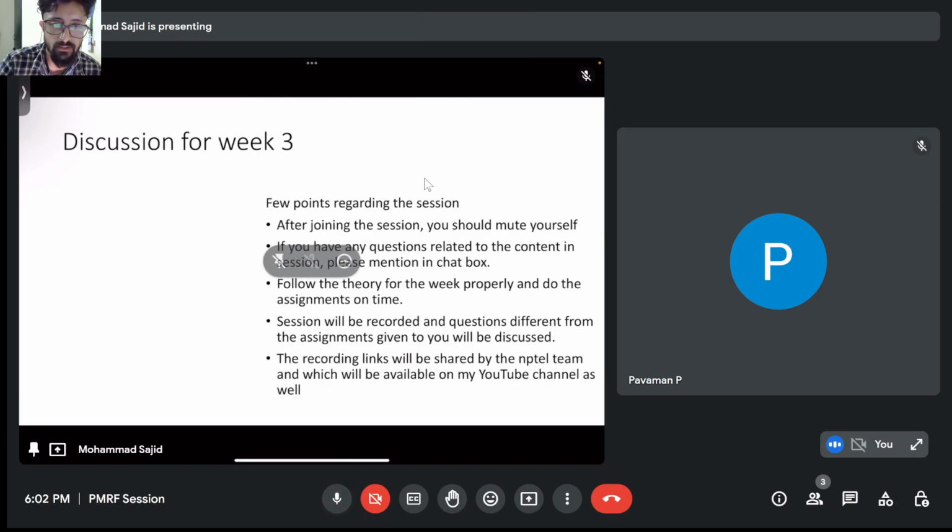Till anyone joins, you can introduce yourself. I'm seeing you first time in this session. Okay, I am Pavaman. Actually, I used to attend the Unlock IC design course with Mayank, who is from IIT Kanpur. That happens on Sunday. Earlier to this, I used to attend from Nishant AB, who is from IIT Madras.